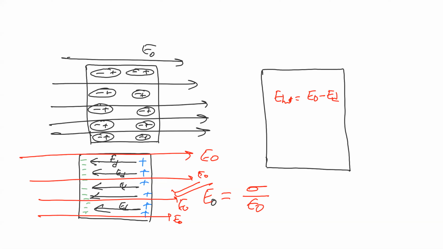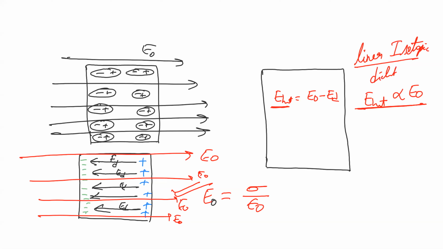Now, what we have in our syllabus is those types of dielectric in which E net is proportional to E naught. Linear isotropic dielectric we have in our syllabus. What is the meaning of isotropic? All directions. It means net field is directly proportional to E naught. This type of dielectric only we have in the syllabus in +2.